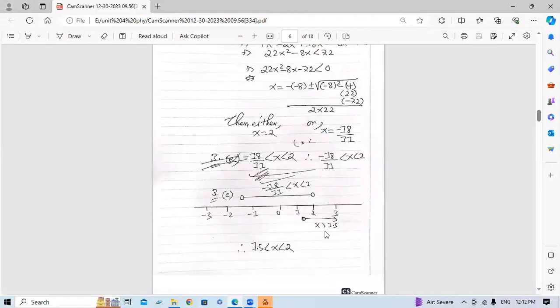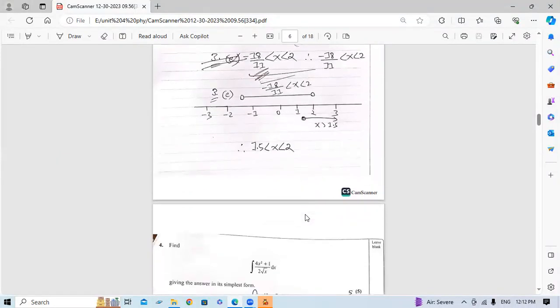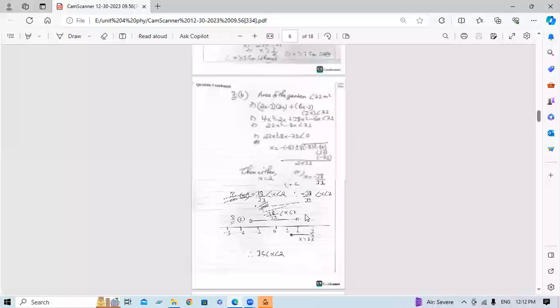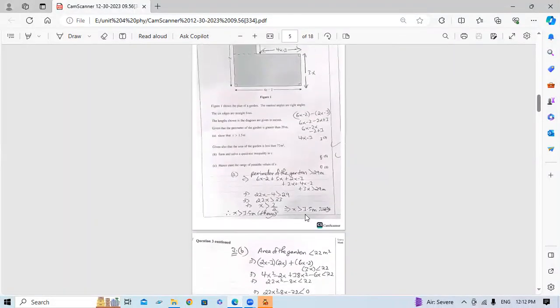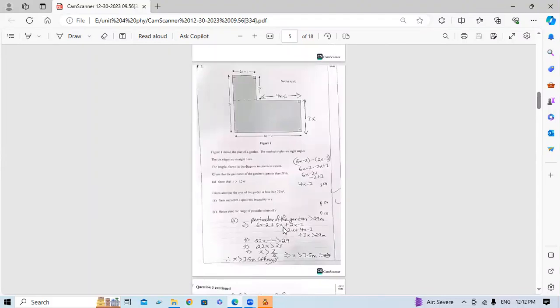The final answer in this 3C would be 1.5 less than x less than 2. This is the final answer for 3C. You can just take a screenshot over here for your own help. This is 3A.